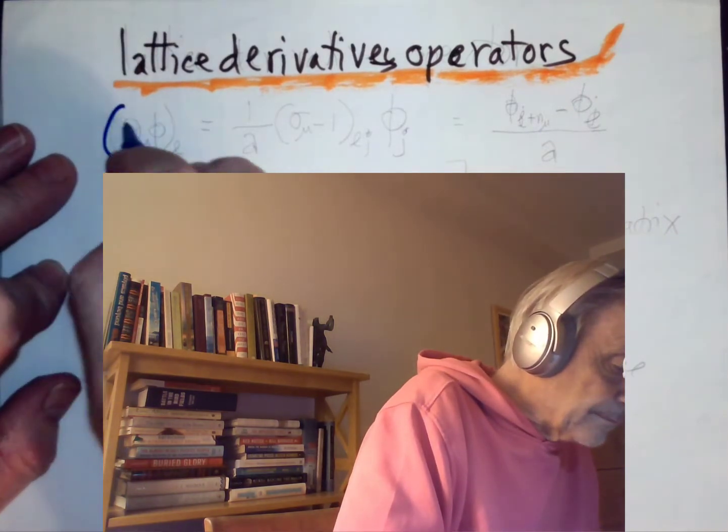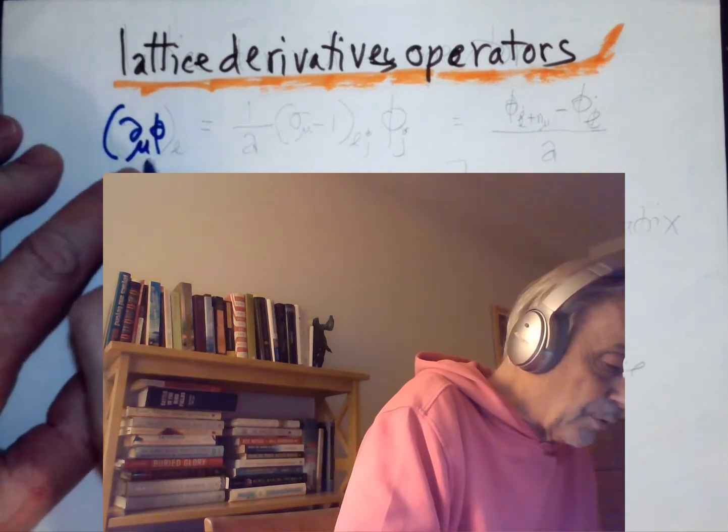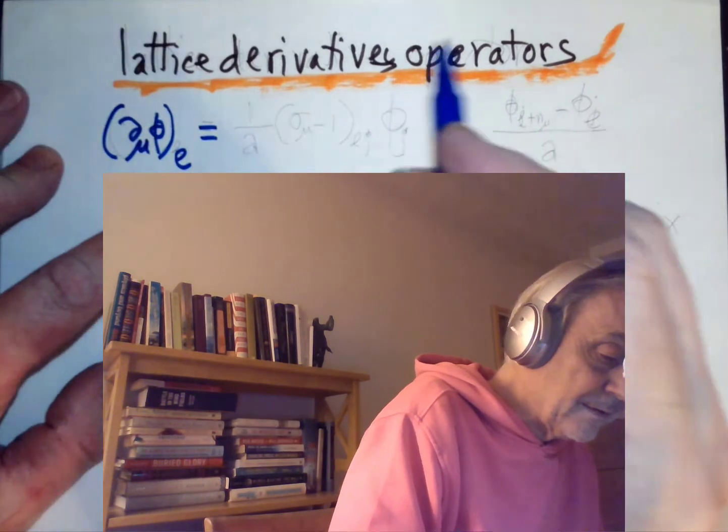So I take a field, I want the derivative in direction mu equals 1, 2, 3 to d, and I want to find the component of that field.